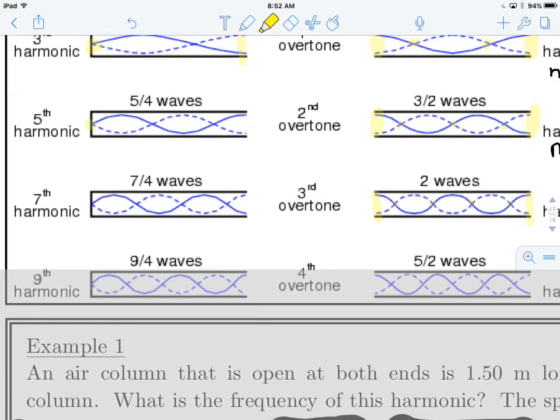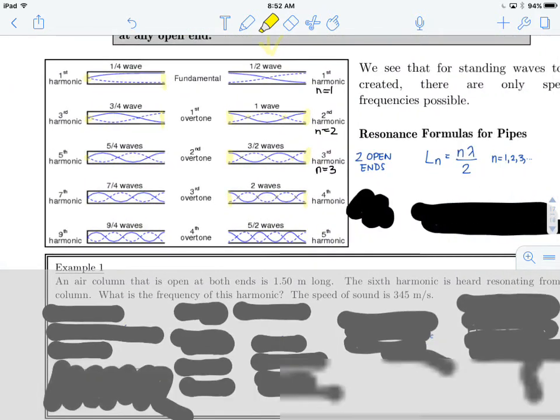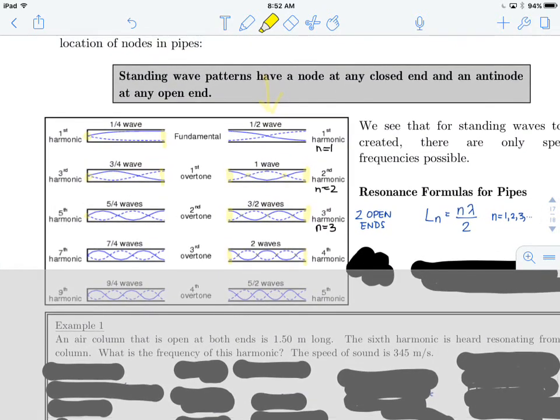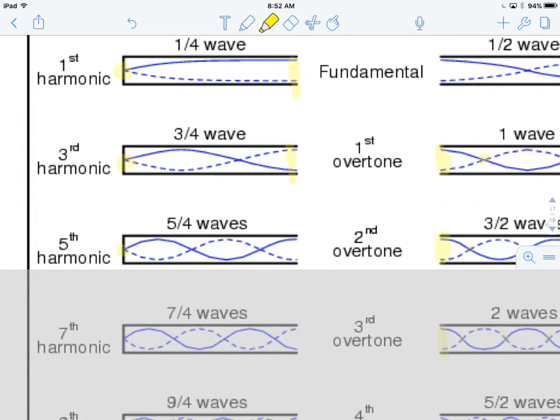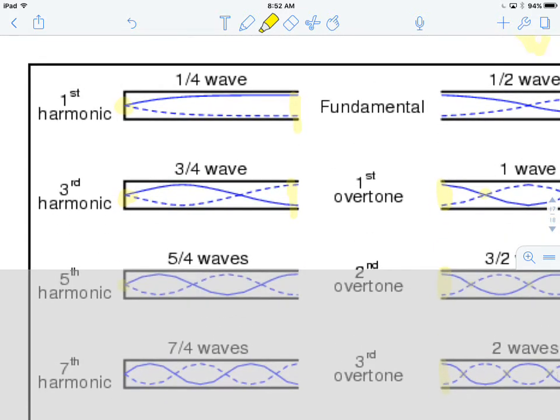And to keep the consistency with what we've talked about here, where this is our first resonant length, this is our second resonant length, this is our third resonant length, and so on, the only difference is the way that we label the harmonics. You'll notice that for a quarter of a wave, we have the same harmonic as we had before. But now, all of a sudden, we jump to 3/4 of a wave, and we have not the second harmonic, but the third harmonic.